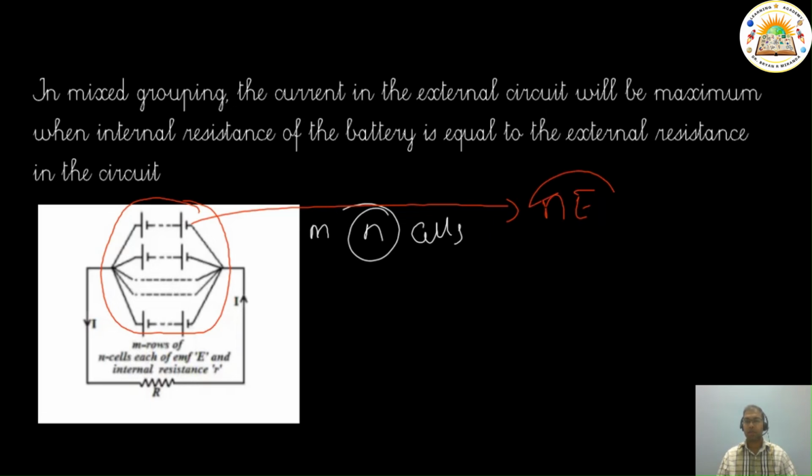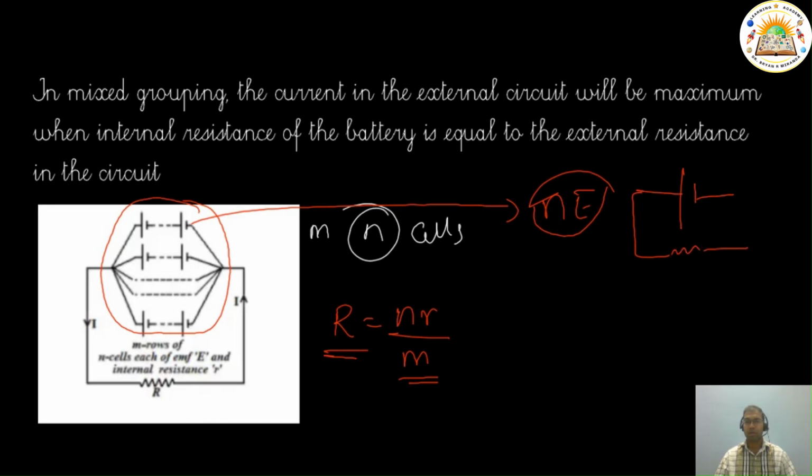So the total EMF in the cell is going to be nE, for which we figured out that our external resistance was nothing but n times internal resistance by the total number of rows that are there. So only if the external resistance is equal to the internal resistance of this full thing, which acts like a big battery. So this circuit, I can simply simplify and write it like this.